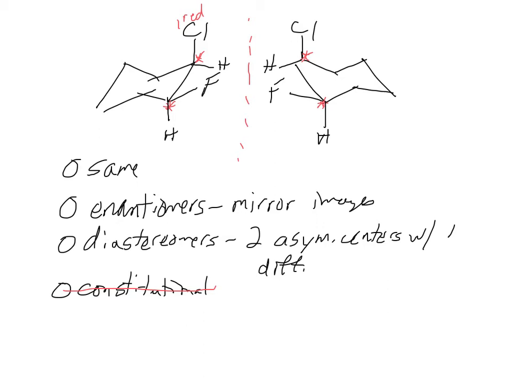Should I do colors or numbers? Colors, I'll do colors. Red. What is lowest priority? H, so that is green. Now, how do we rank these other ones?